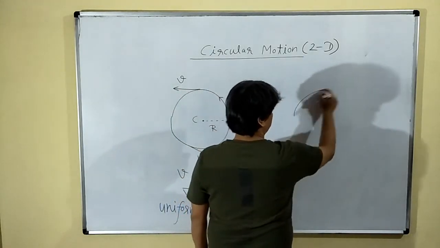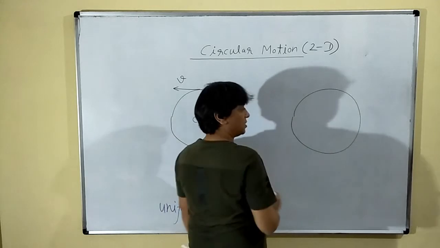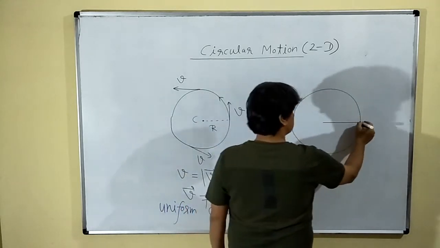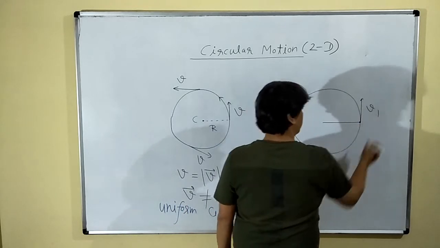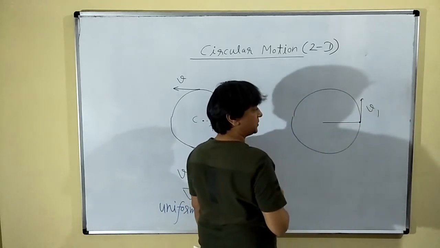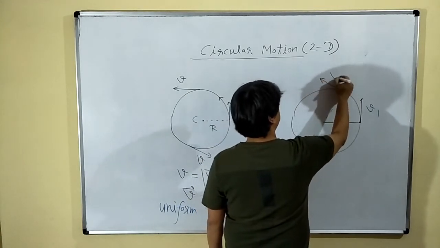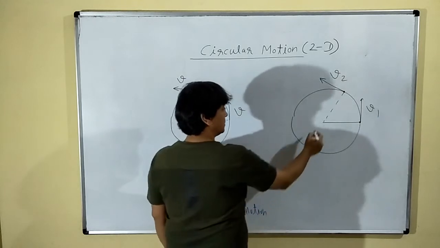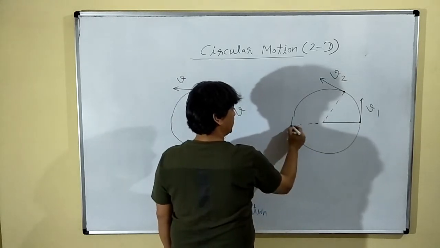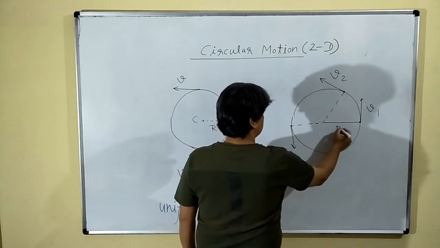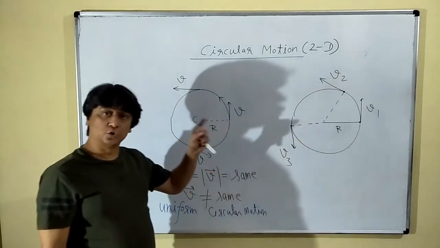Now look at this circular motion where speed is also changing. Let's say at this point speed is v1. When it reaches this position, speed changes and becomes v2. Somewhere here, speed changes and becomes v3. Speed is also changing.